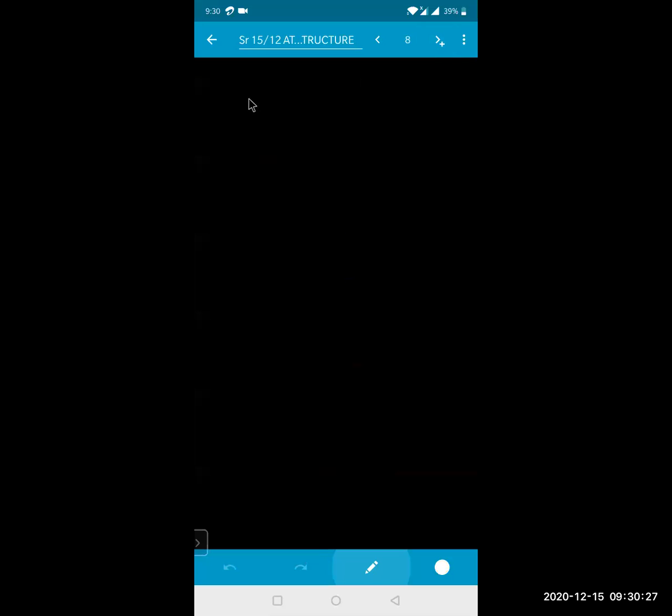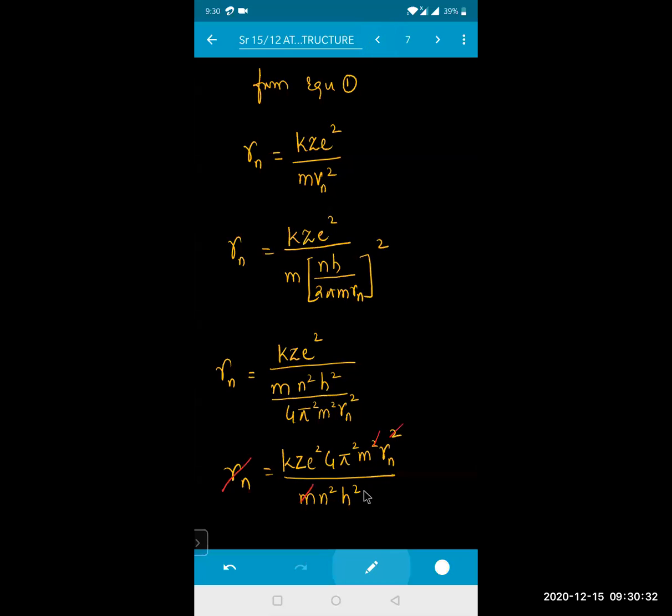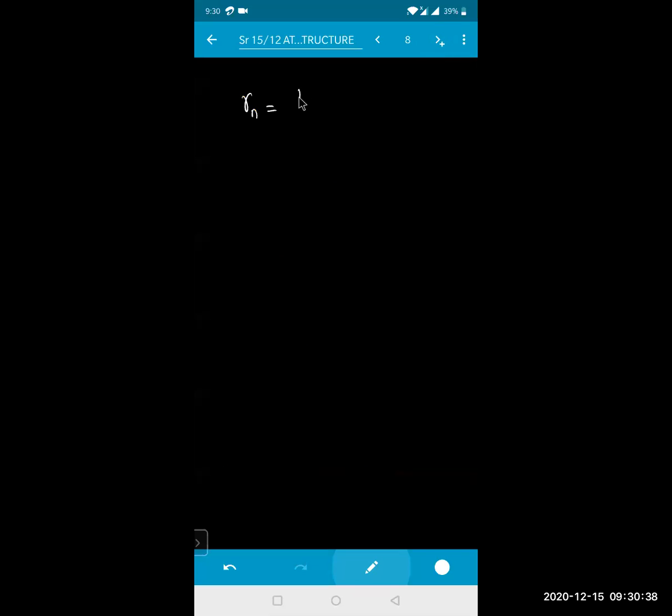So the radius of the nth orbit will be equal to how much? Rn will be equal to, if this goes there, this comes here. So n square into h square, and this term will come down. So this one will be equal to n square into h square divided by 4 into pi square k into z into e square into m.